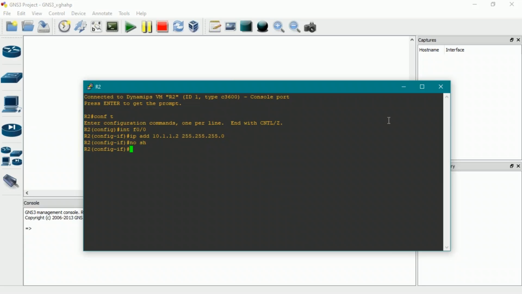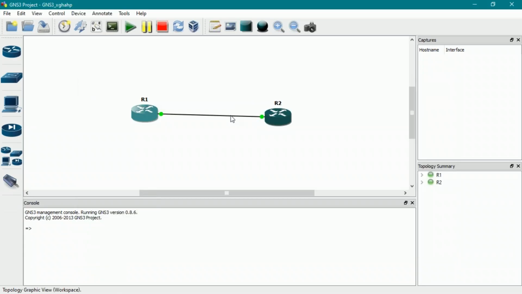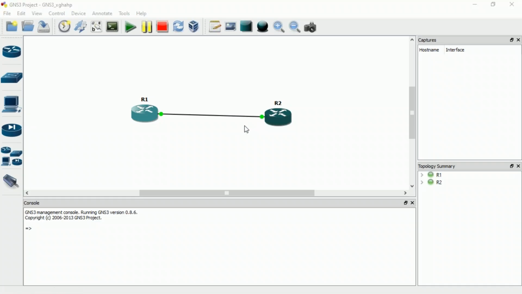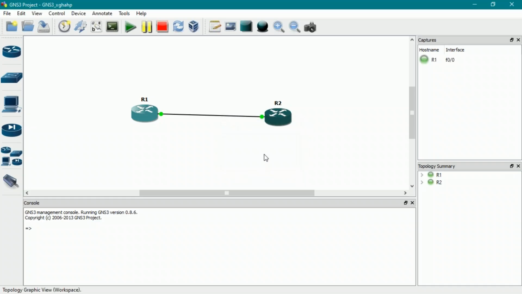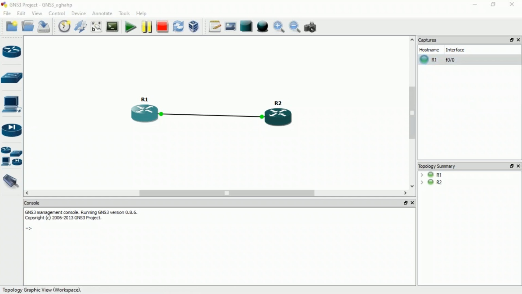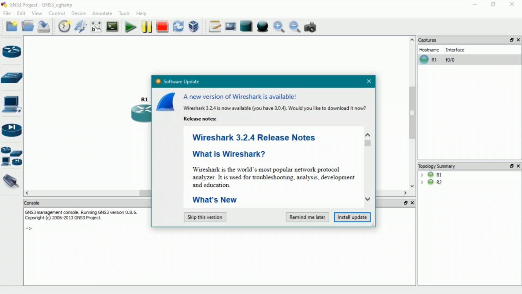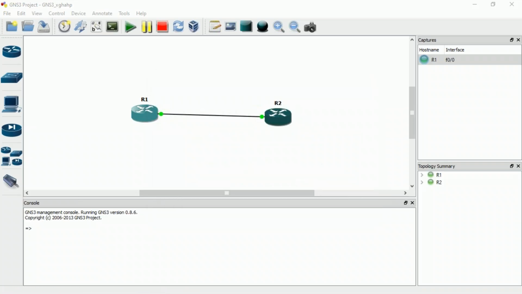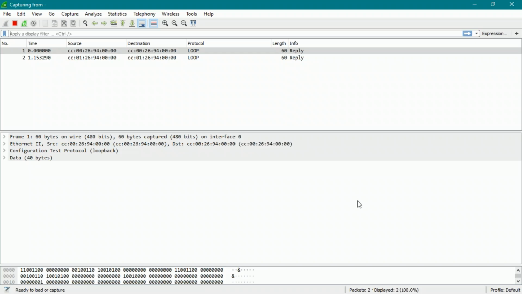Now, after doing the configuration, I'll be able to start Wireshark on this interface. Wireshark is typically used for protocol analysis. So we'll be using Wireshark for LTE log analysis as well.